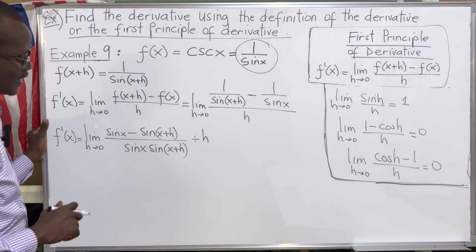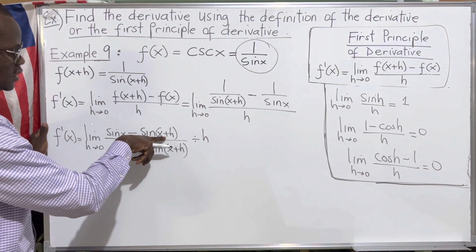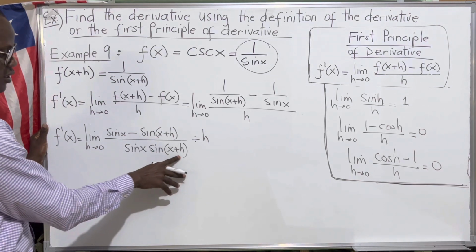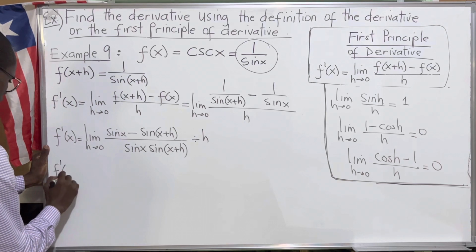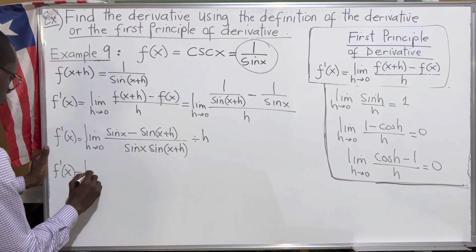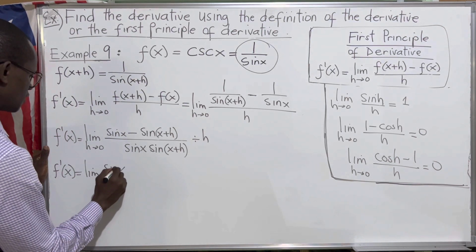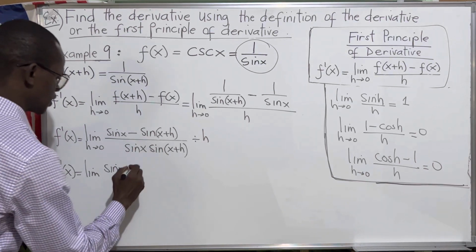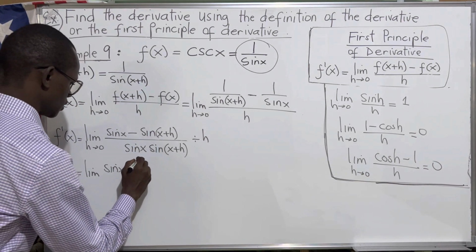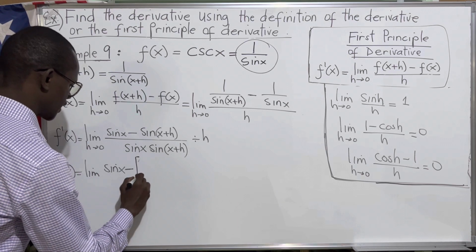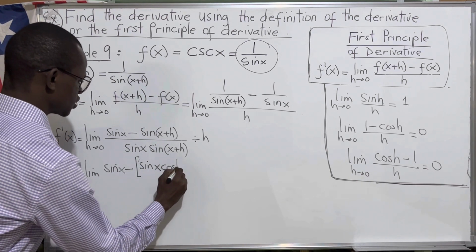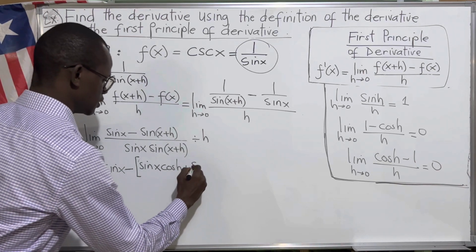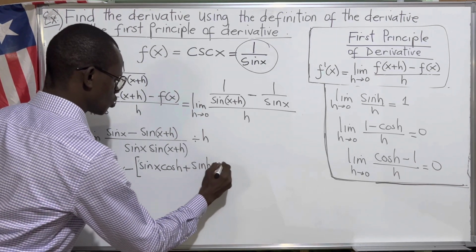So our next target here is to expand this numerator. Leave this denominator and just expand this numerator and simplify. So if we expand the numerator, you will have sine of x minus, now this one now is, let me put this whole thing in brackets, sine of x cos of h plus sine of h cos of x.